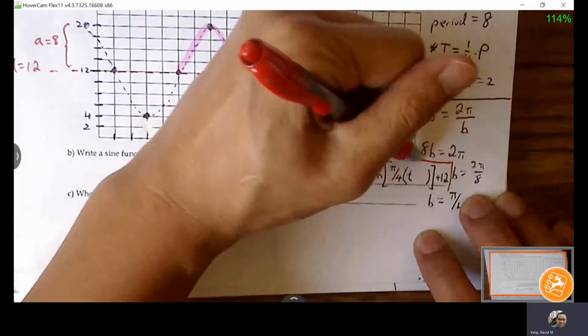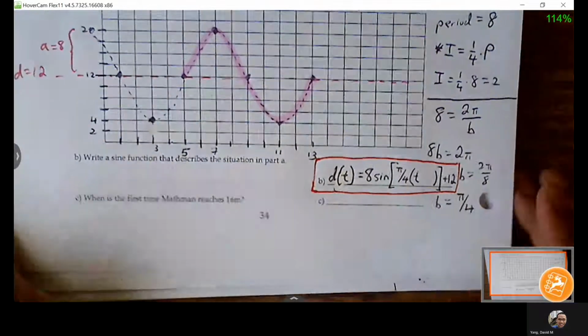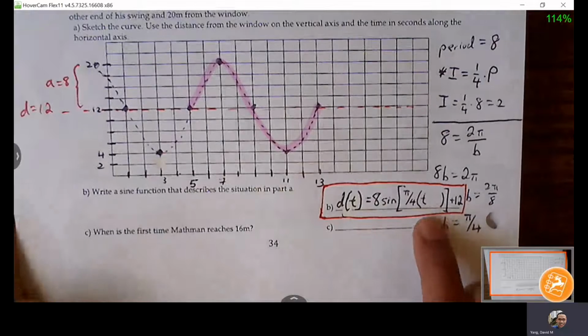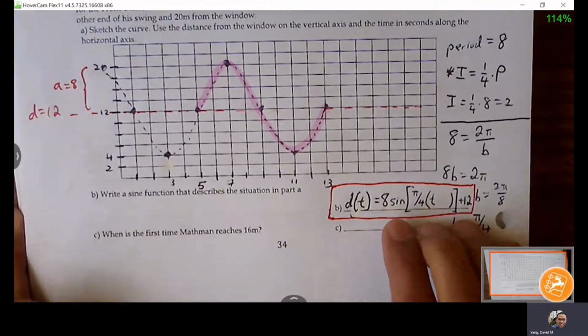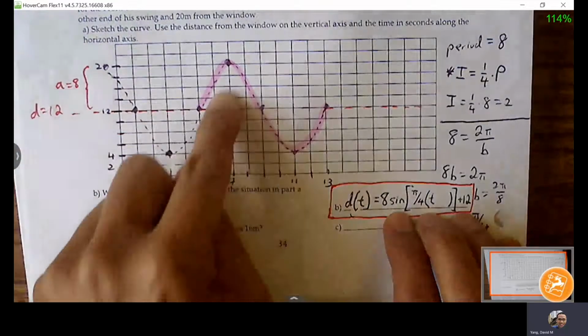Running out of room here. Okay, so I left out that blank because I want to just make sure that we understand this graph is really for the sine graph starting at 0.